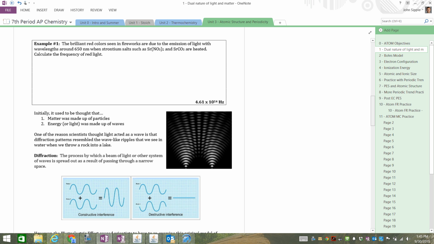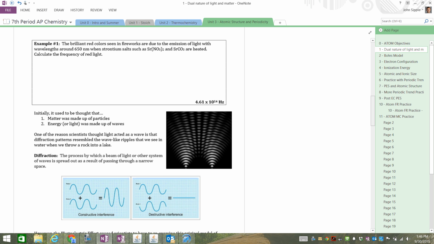If we look at this, when we excite electrons in atoms, they go up to a higher excited state, and then those electrons fall back down. They have to release energy in some way, shape, or form, and usually they release it in the form of radiation, or light. Sometimes we can see that light. Fireworks that have strontium in them look red to us because they're emitting light that's around 650 nanometers.